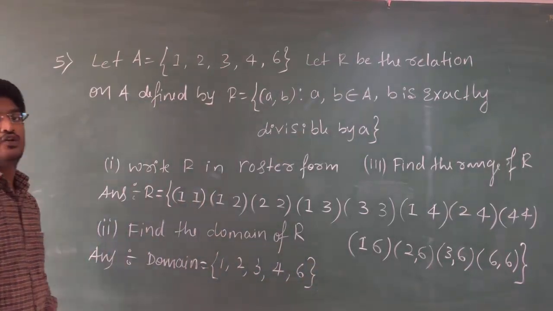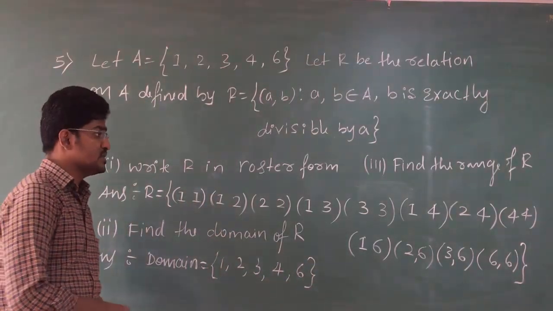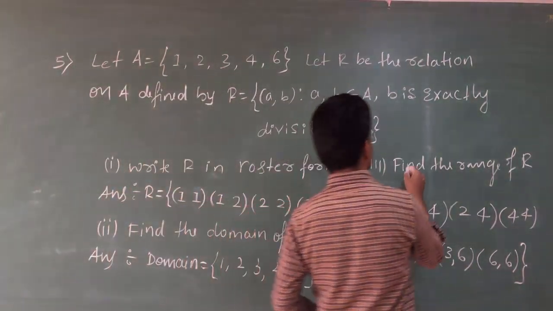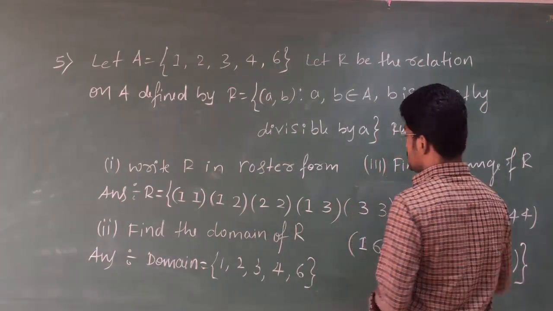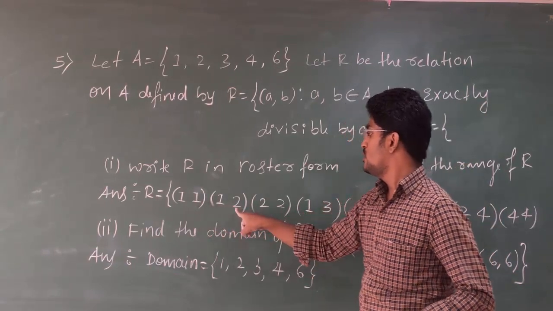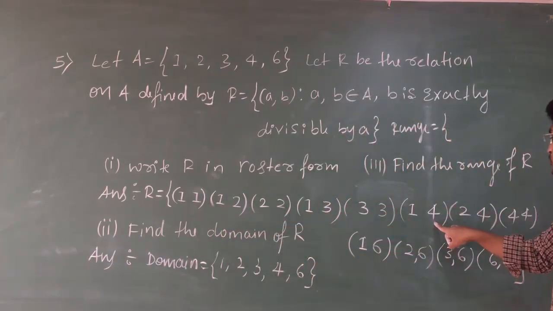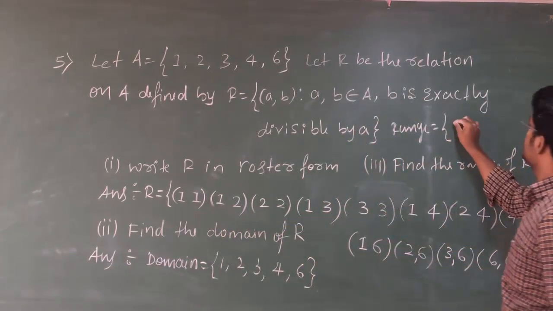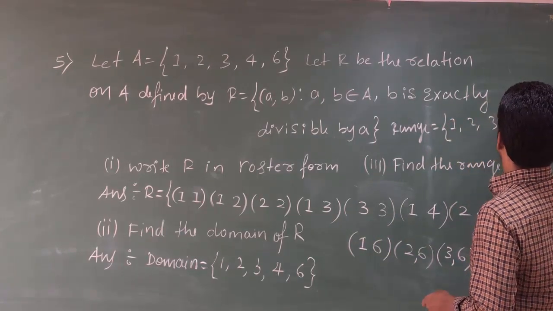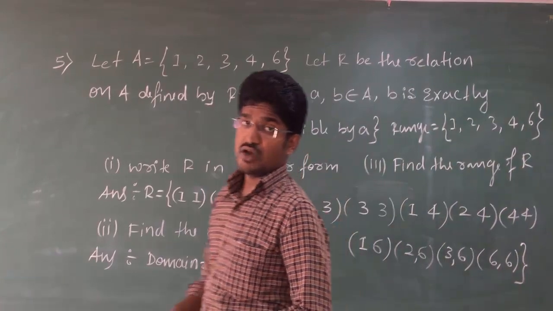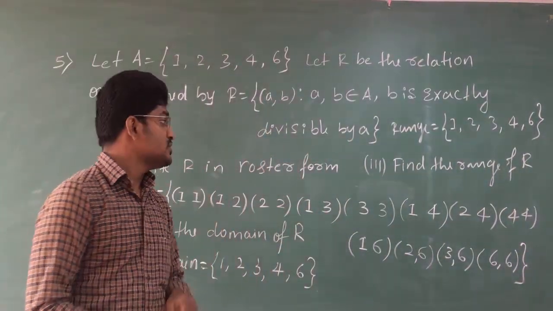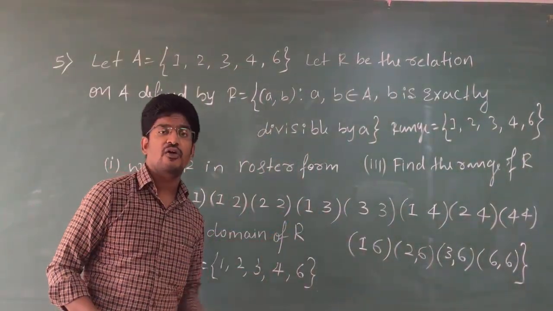So this is domain, that is first elements. Next, what about range? Range is equal to, check, 1, 2, 3, 4, 6. This is range, the collection of second elements from the ordered pairs of R.